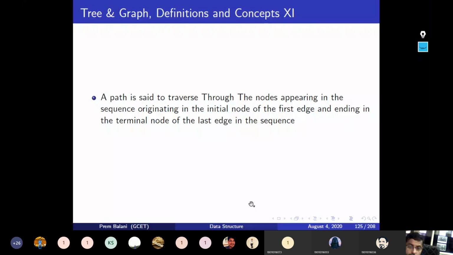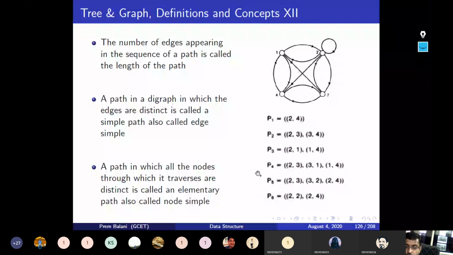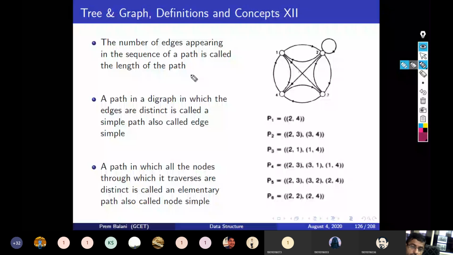So in the last lecture we were defining these paths. The number of edges appearing in the sequence of a path is called the length of the path, right?